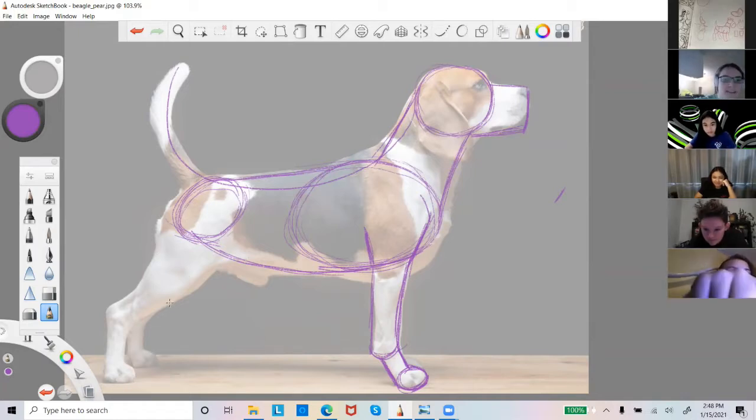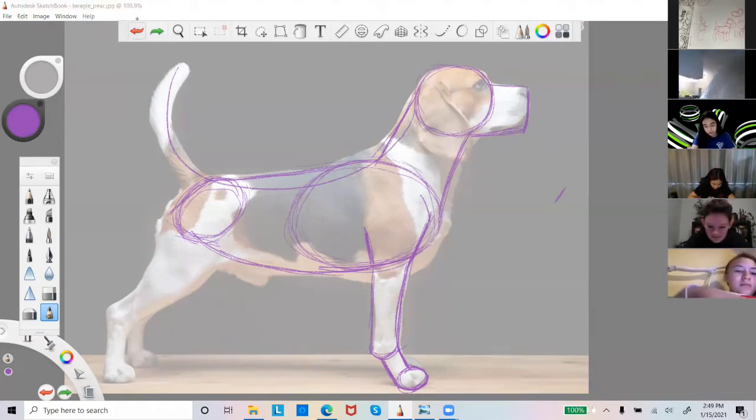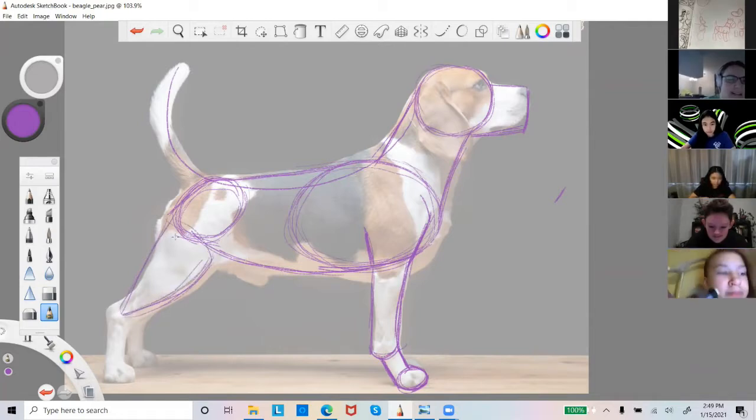So for the back legs, this mass here is pretty big because there's all these muscles over here. And if you remember from the skeleton class, he's got a bone right here and a bone going back that way. So for my shape here, I'm just going to draw a big triangle. I'm not following the photo exactly. I'm simplifying.